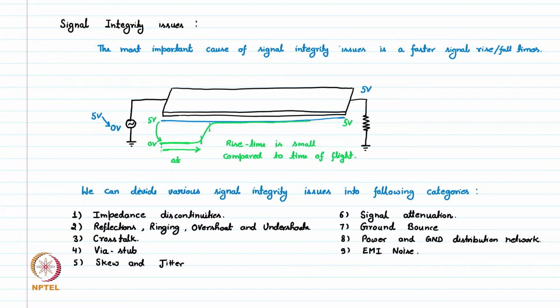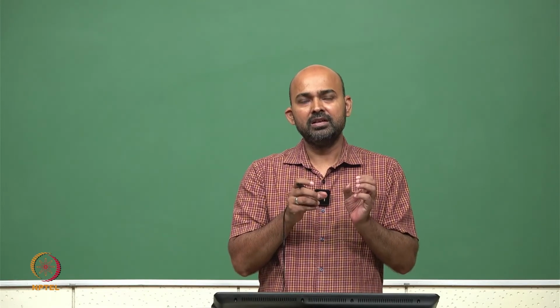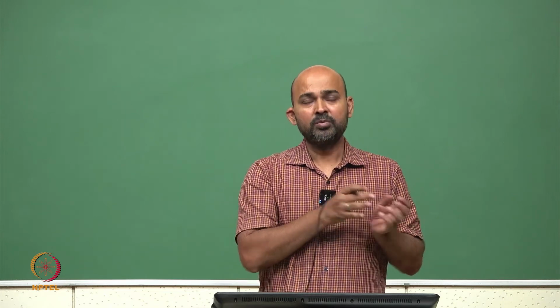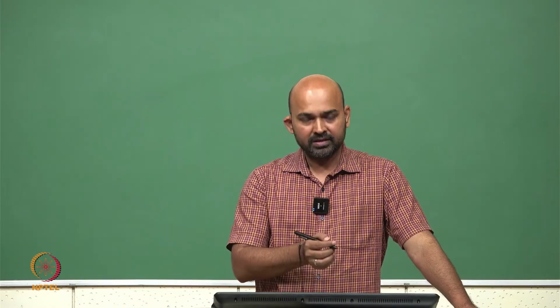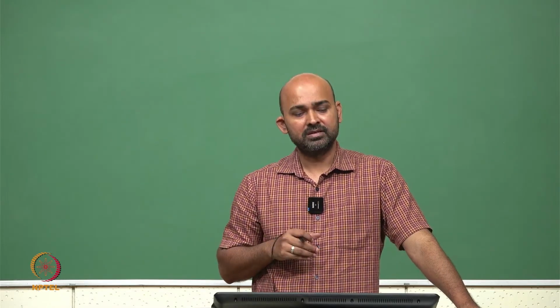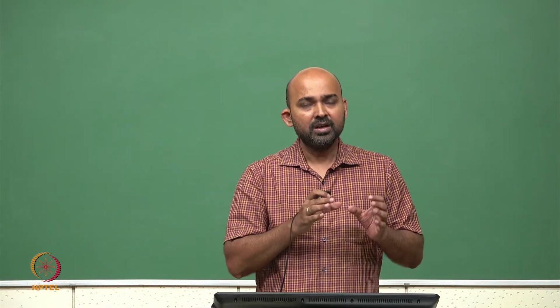So here we discussed that when we have a signal which has a very short rise or fall time compared to the total time of flight which the signal takes from input to output, this creates problems in signal integrity, and some of the issues we can characterize in categories. The first one is the impedance discontinuity, where we have a mismatch in the impedance.